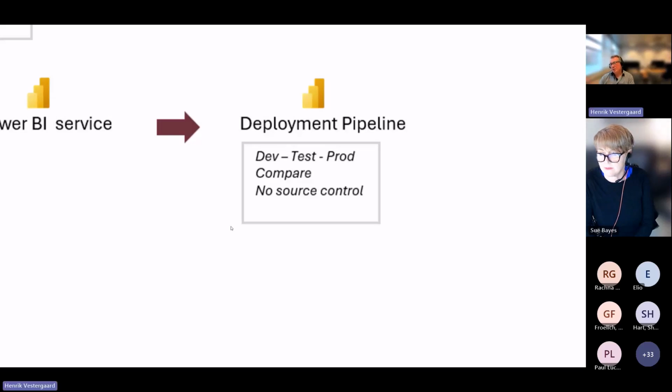So you'll end up with 3 workspaces where you maybe only had one before. But then you can leave the production as it is while you're developing new and maybe pushing that to test to have some testing before you push it into production.